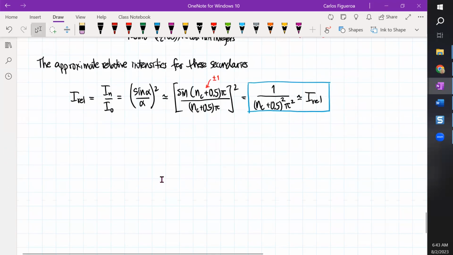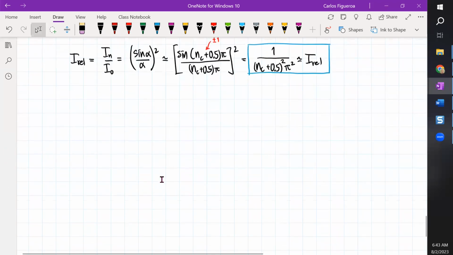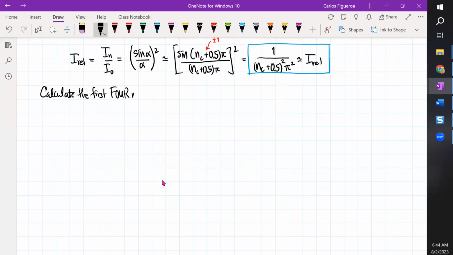Let me move my screen up. So now let's calculate the first 4 maximas.